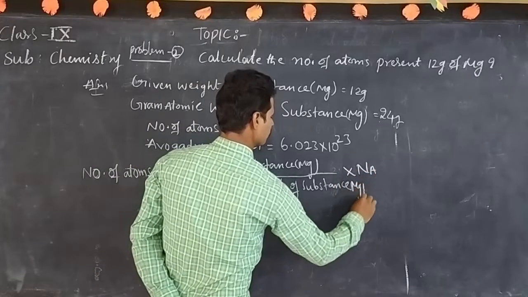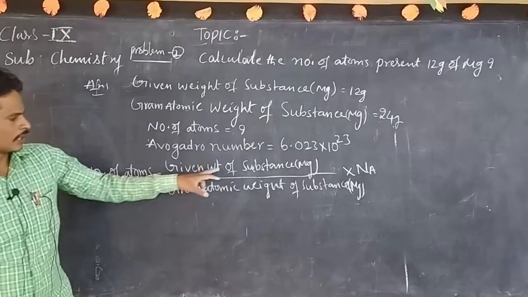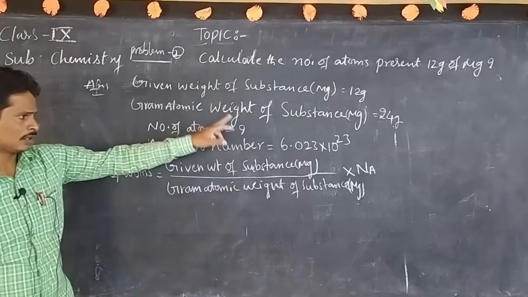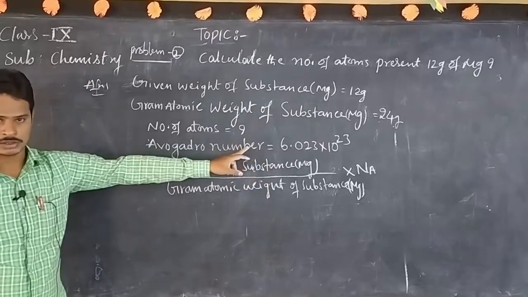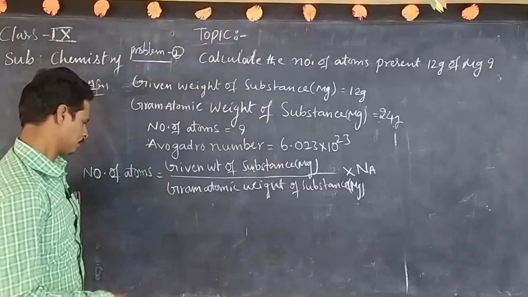Here we know the given weight of substance, we know the gram atomic weight of substance, we know the Avogadro number also. Now apply all values in the formula.